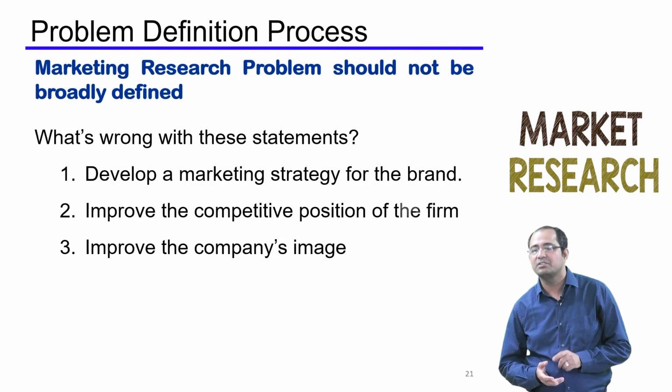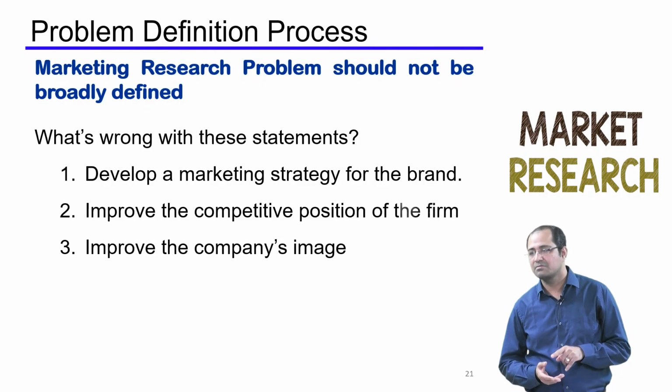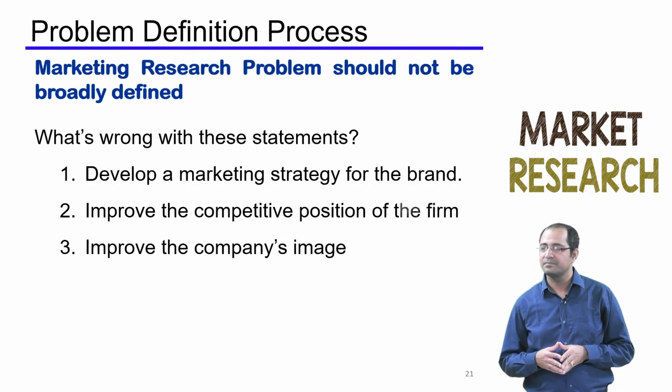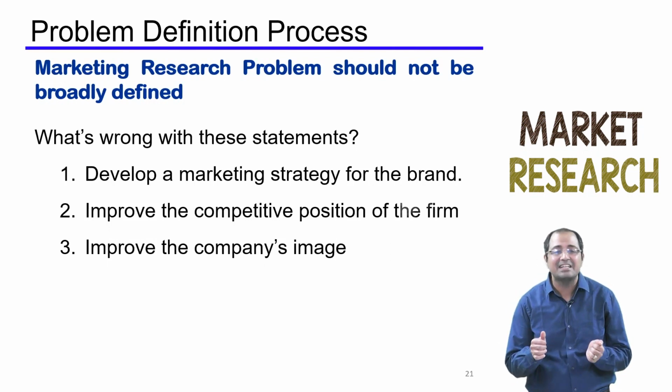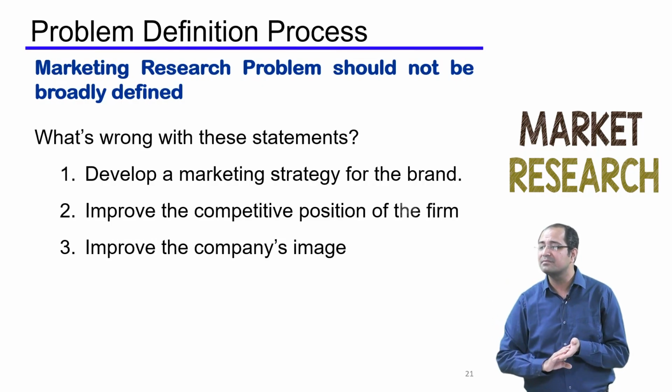Segmentation, targeting, positioning, product, price, place, promotion. In product itself there are so many things: features, branding, name, jingle, everything, packaging, form. To develop a marketing strategy for the brand, if you write that as a marketing research problem, it is too broad. It has to be focused on the probable cause.